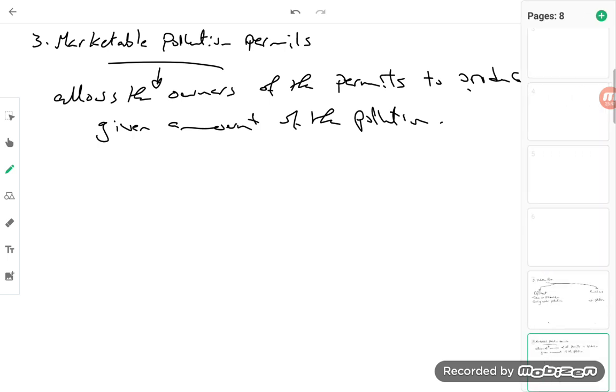One more possible solution is conservation and recycling.